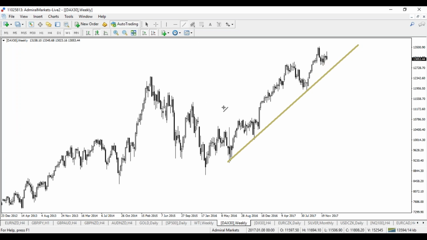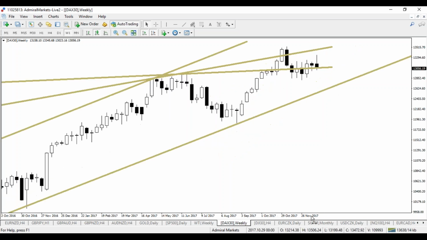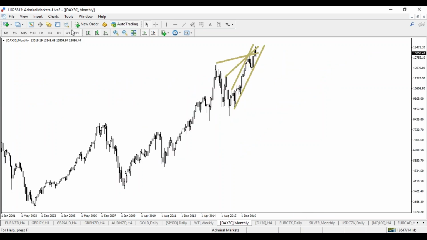And yeah, it could be a channel. Could be building maybe a little bit of a rising wedge, depending on how you draw these trend lines. So how much correction could there be?